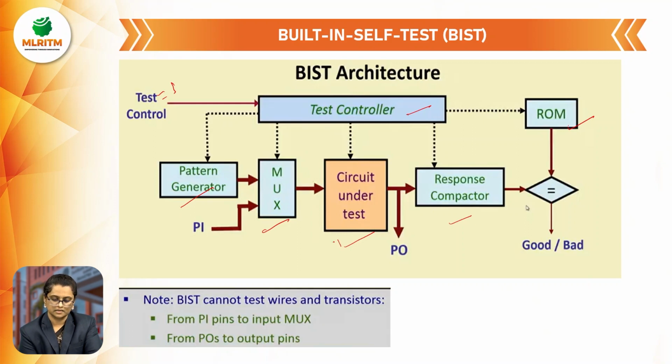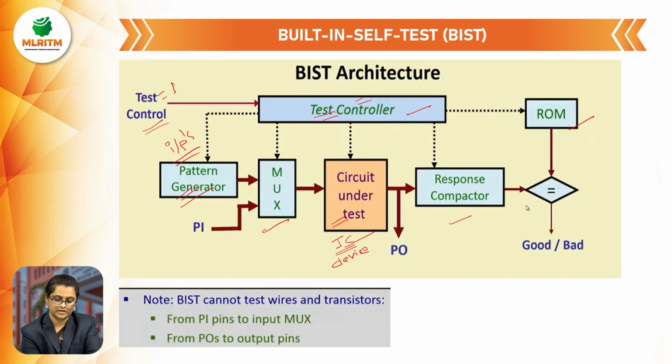Whatever IC we have to test, we apply that IC in the box, meaning circuit under test. The test controller controls all the remaining components. The pattern generator generates the input patterns by using the test controller.